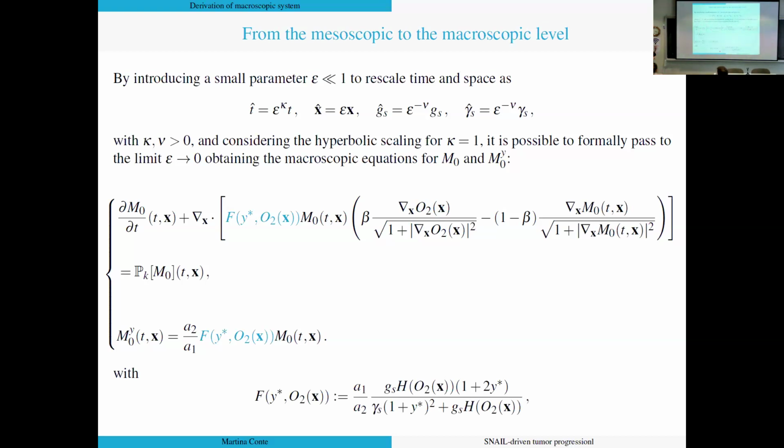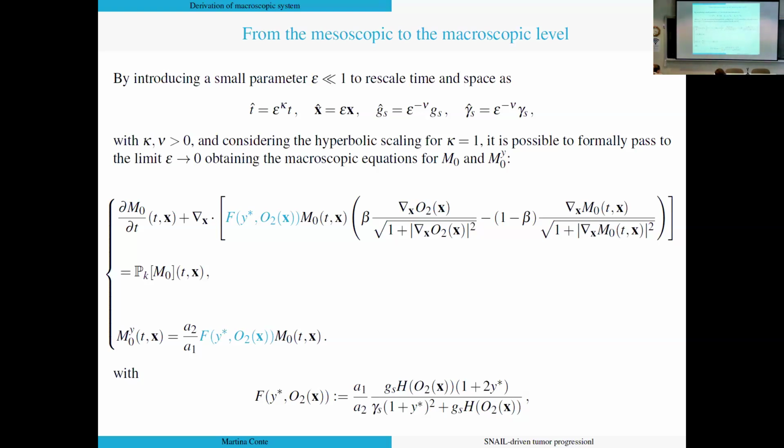The expression of f directly takes into account all the microscopic parameters that we have modeled at the microscopic level. So it takes into account the transcription rate, the degradation rate, the function h that describes the inhibitory mechanism of oxygen on snail, and it takes into account acceleration and deceleration.